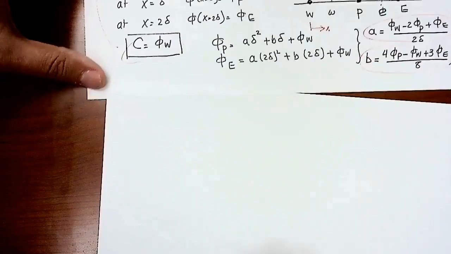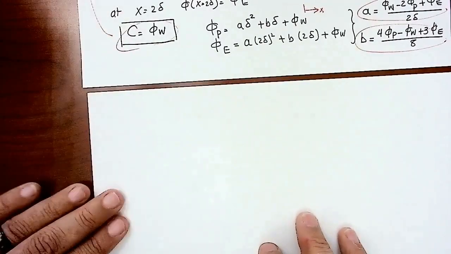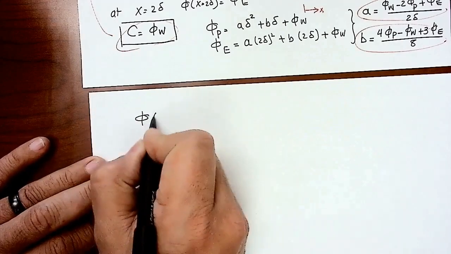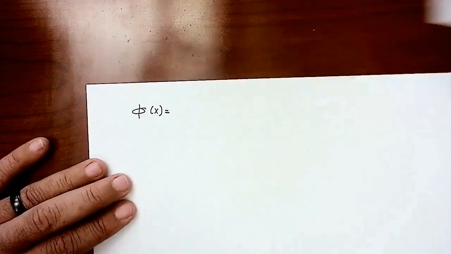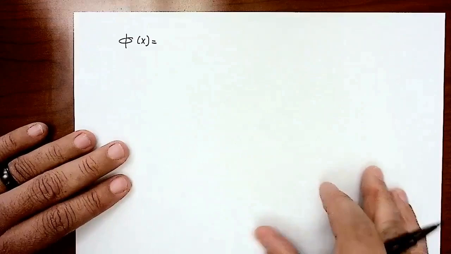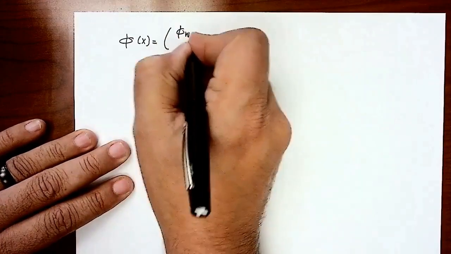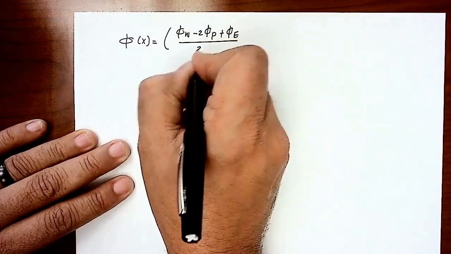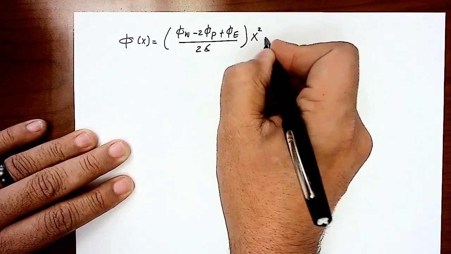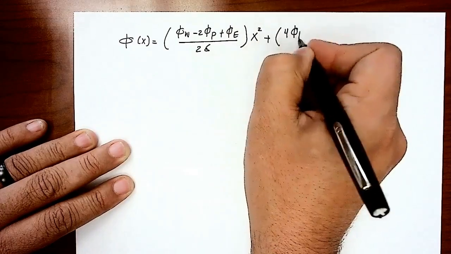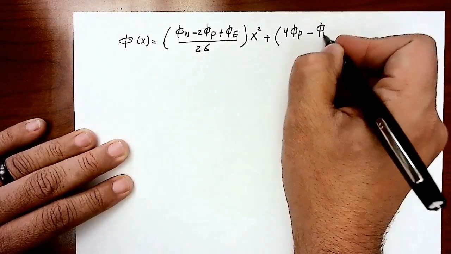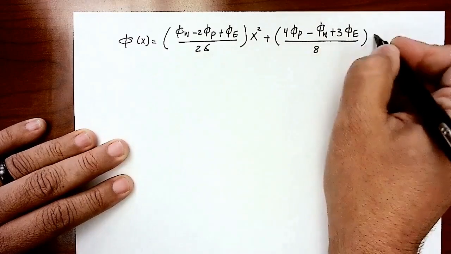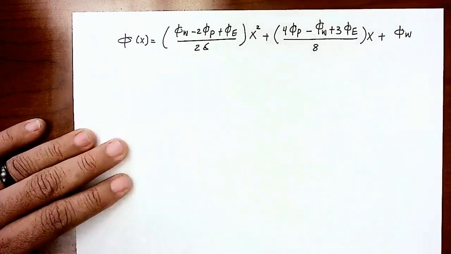If I do that, I will get the equation in that format: phi as a function of x is equal to phi west minus 2 phi P plus phi east divided by 2 delta, multiplied by x squared, plus 4 phi P minus phi west plus 3 phi east divided by 8 times x, plus phi west. I got my quadratic equation.